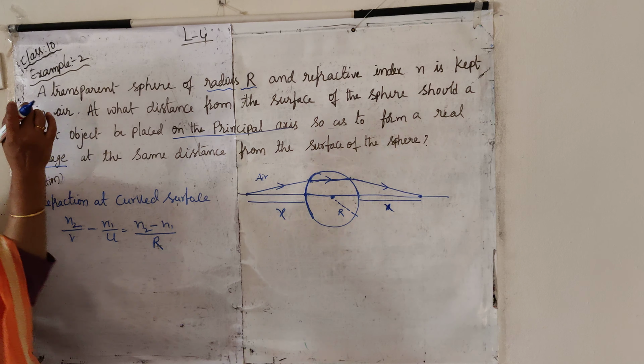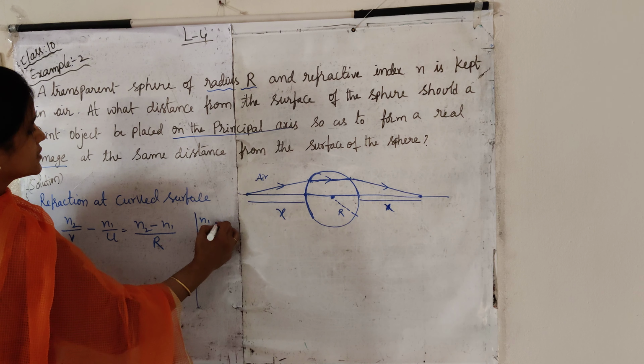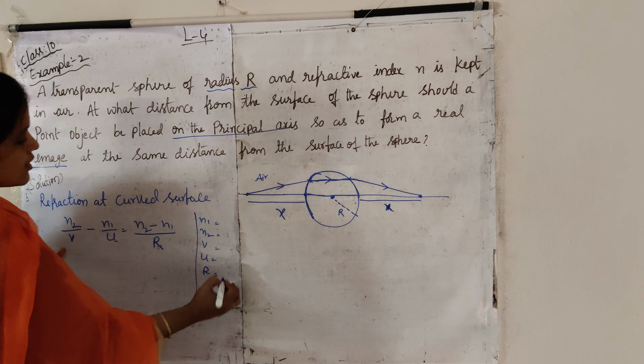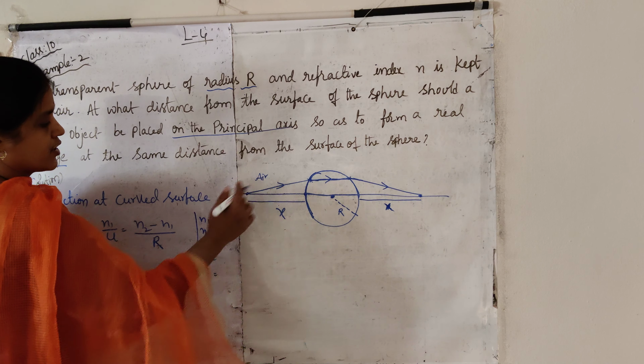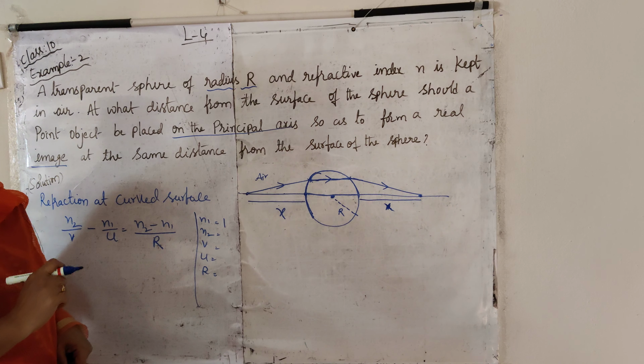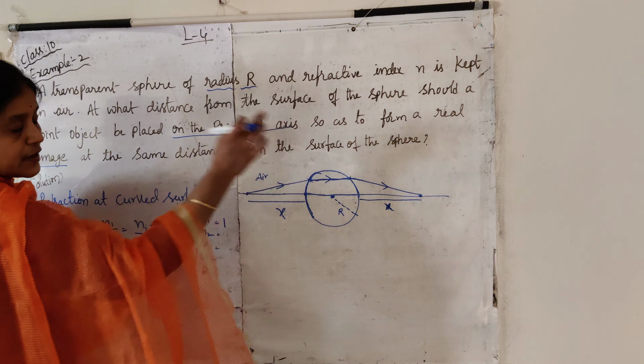Okay. Now here we'll find out the values. What is N1, what is N2, what is V, what is U, and R values we will find out. N1, refractive index of the air medium, its value is always 1 because when you place an object, the light travels from air to sphere.